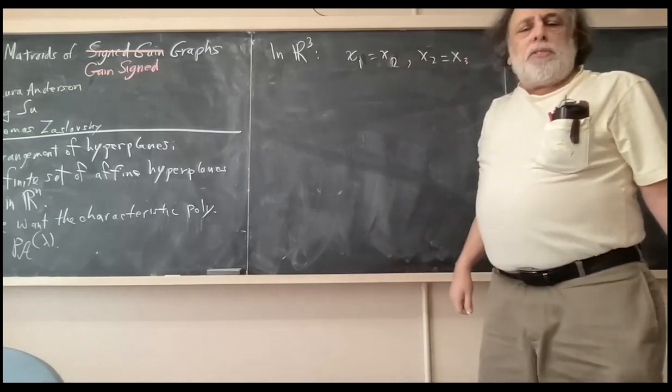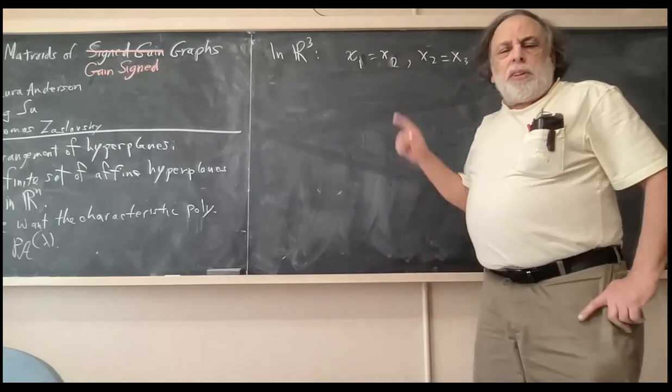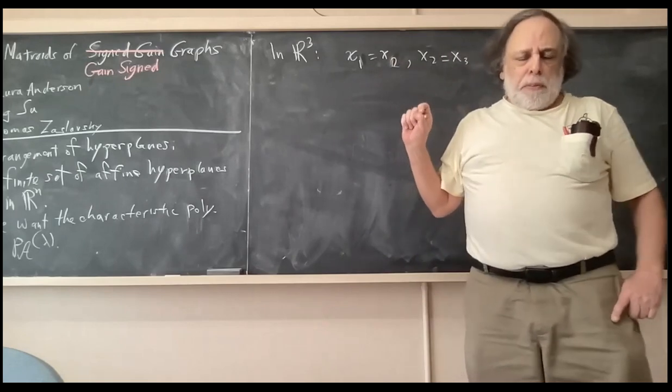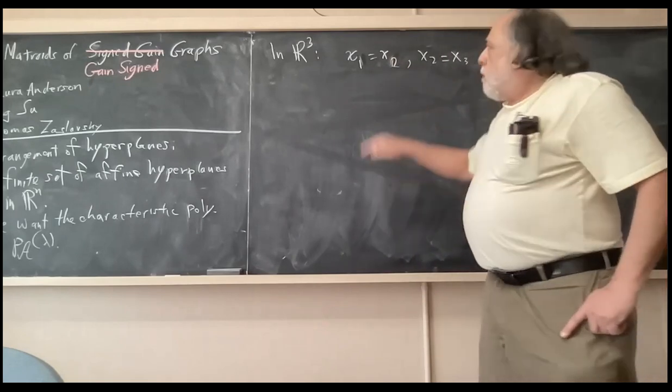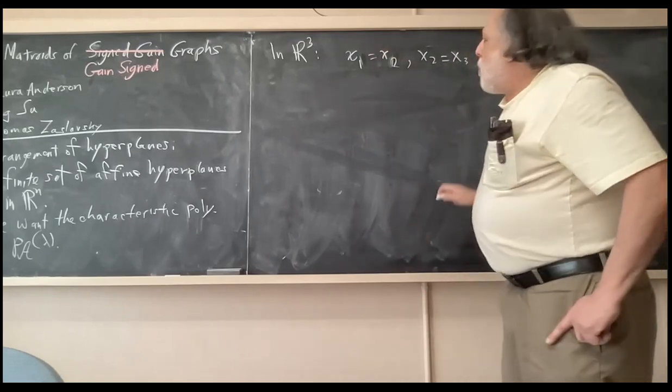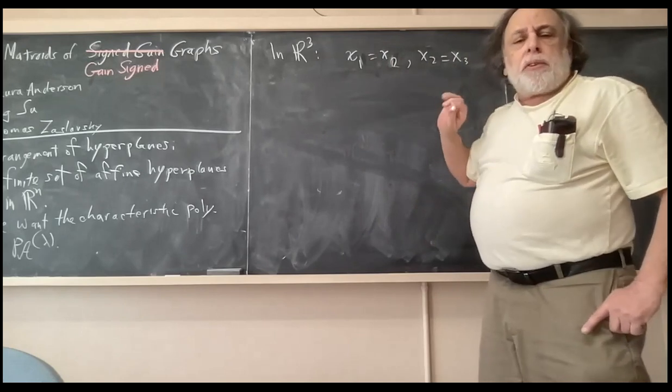This is about as simple as you can get. Now, I want to form the characteristic polynomial of this hyperplane arrangement. Of course, I'm using the equation to stand for the hyperplane. Everyone does that. So I can do this by graph theory.